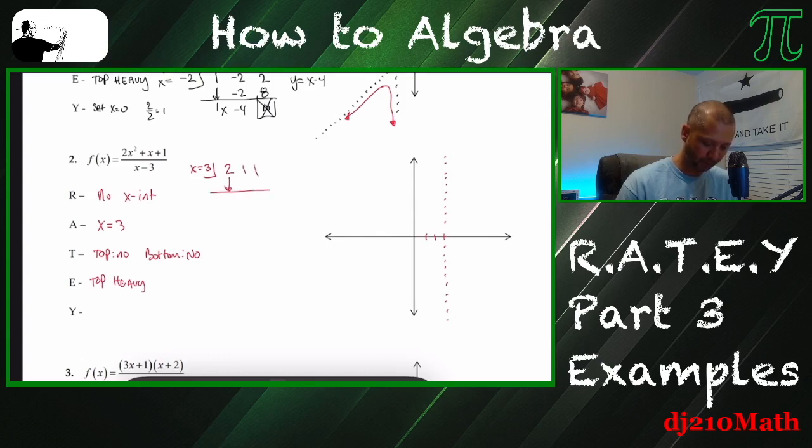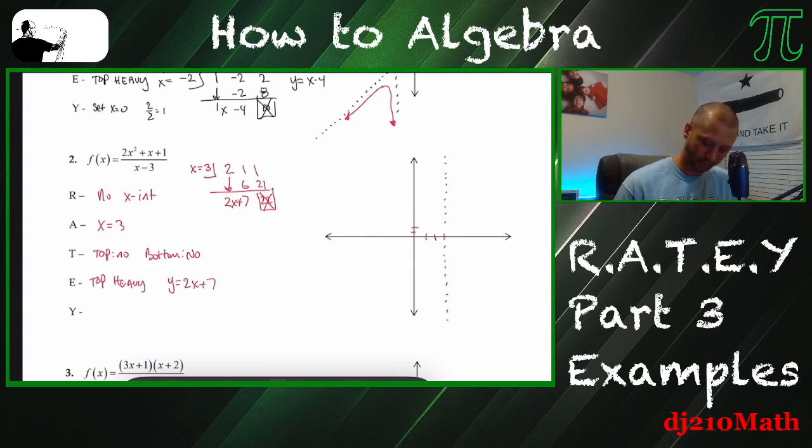Bring down the 2. 2 times 3 is 6. You always add. 21, you always add. Again, we don't care about this number. So this is going to be 2x plus 7. So the horizontal asymptote, or in this case, the oblique asymptote, is going to be y equals 2x plus 7.